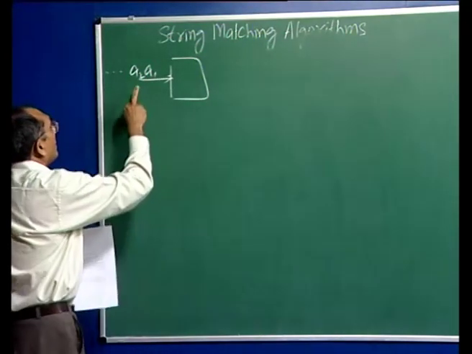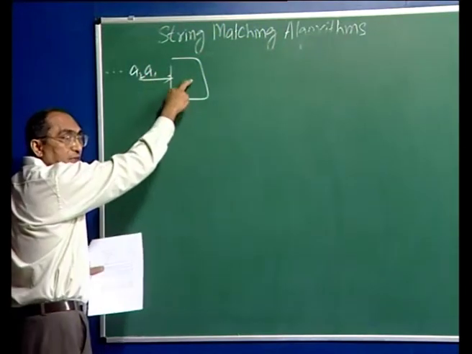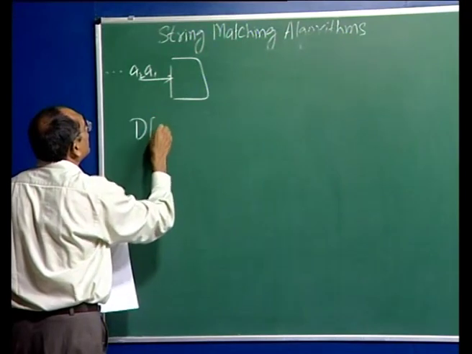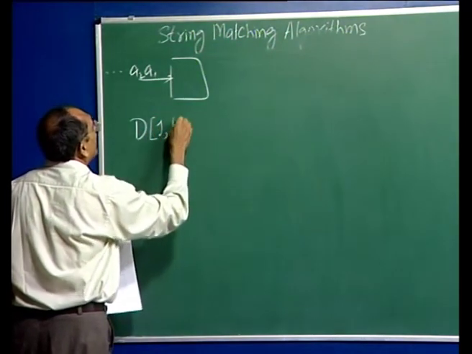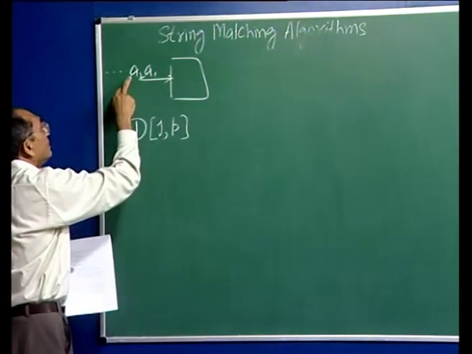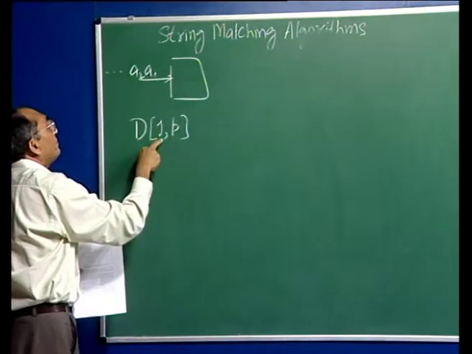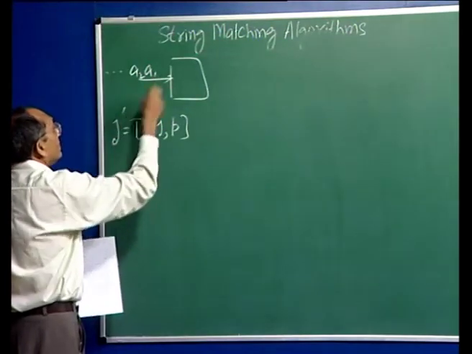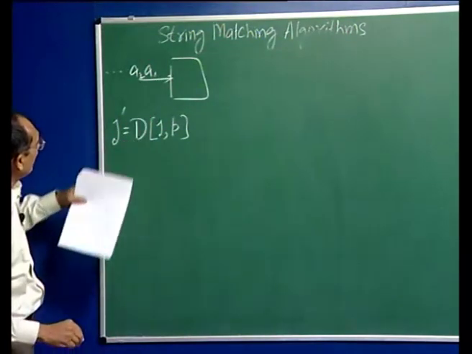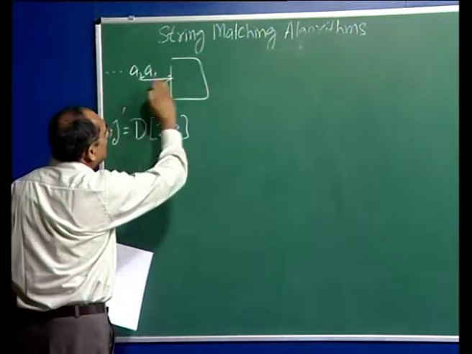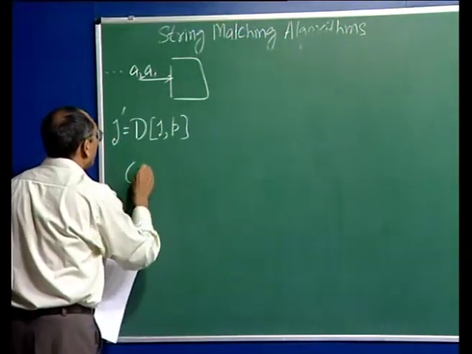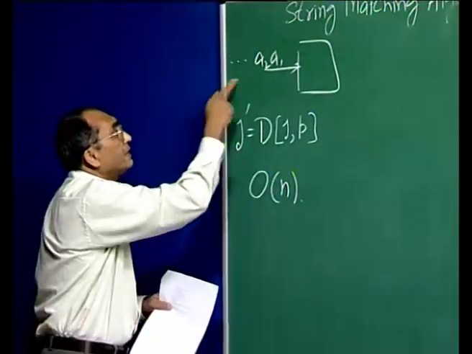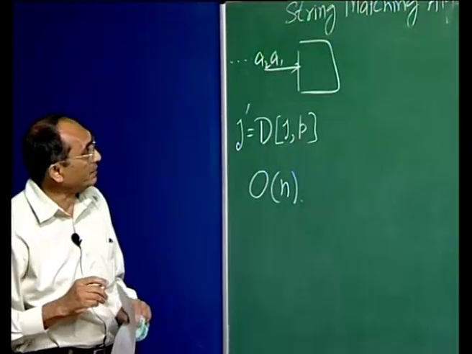The cost of computing the transition is unit because we have stored the transition in the array. So, for a symbol p, if you are currently in state j, you go to this state j prime. Hence, this is a unit cost. So, the entire search will take order n time, linear in the length of the text string.